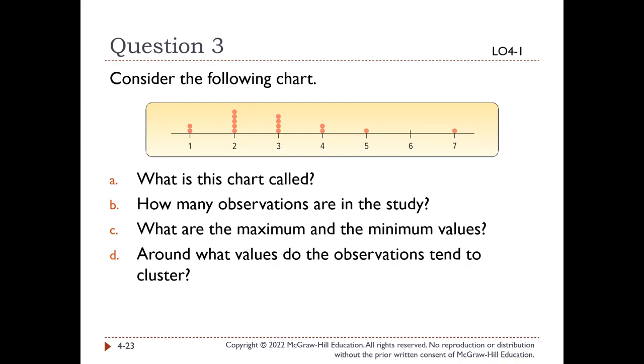So, considering the following chart, what is this chart called? It's a dot plot. How many observations are in the study? Well, count the dots. We have 1, 2, 3, 4, 5, 6, 7, 8, 9, 10, 11, 12, 13, 14, 15 dots.